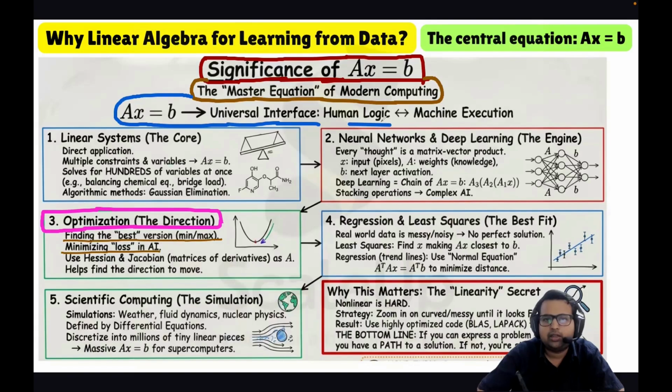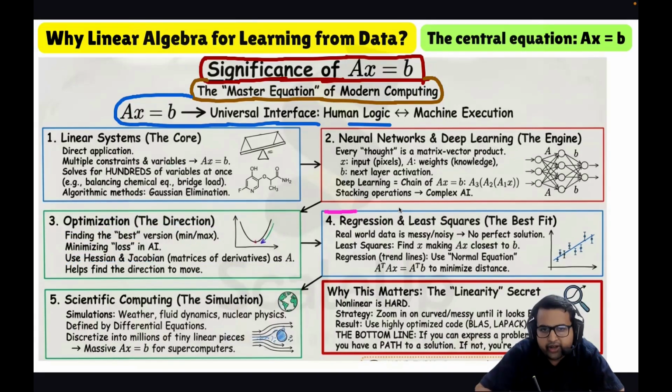In AI, for optimization, we calculate the Hessian and the Jacobian, which are just matrices of derivatives. So in optimization, the capital A is the Jacobian matrix or the Hessian matrix, and it is used to find the direction to move to optimize the parameters.